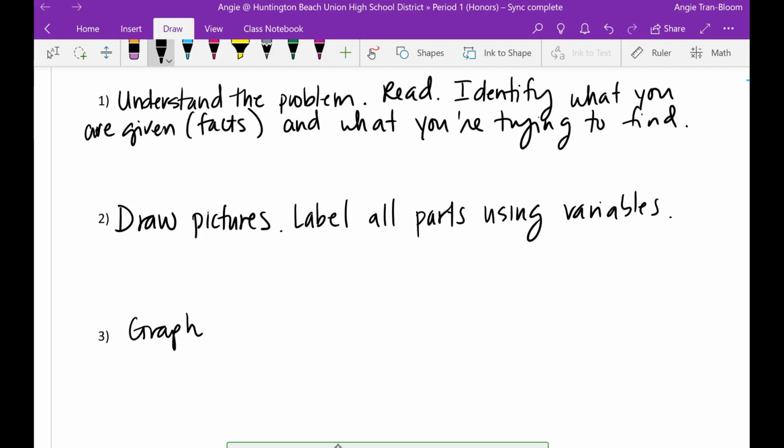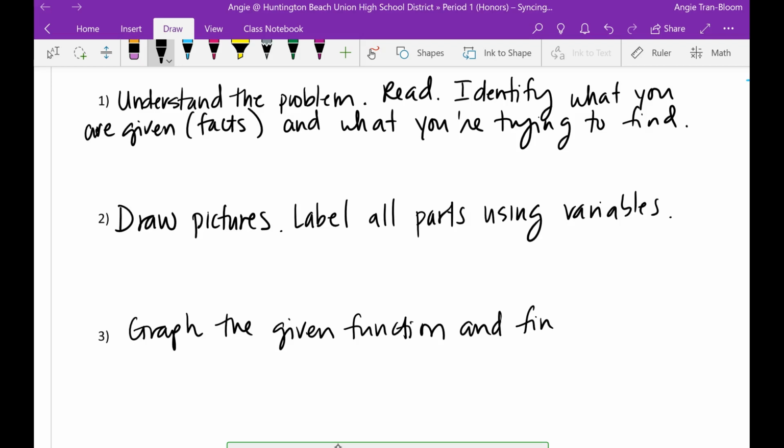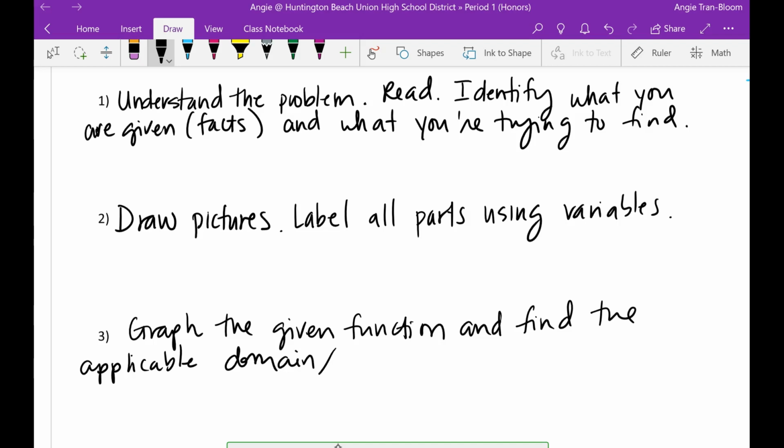Graph the given function and find the applicable domain. Let's put range in here as well, because oftentimes the range is the area or the perimeter. Those cannot be negative, so make sure we understand what it cannot be.